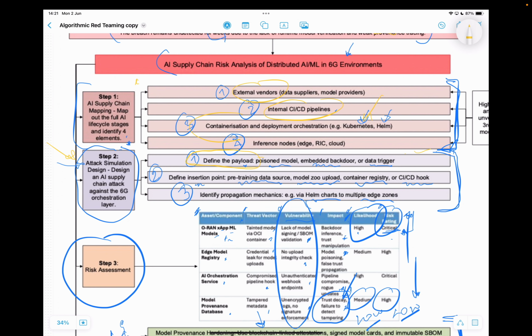We're looking at poisoned models uploaded via CI hook or registry spoofing, for example. Again, the literature is using different words than what I've used. Second is the payload, so the backdoor triggered by edge network anomalies. And third is the propagation. So here we have the propagation that rolls out the poisoned containers across the edge devices.